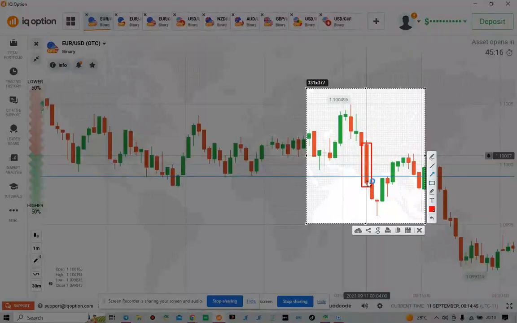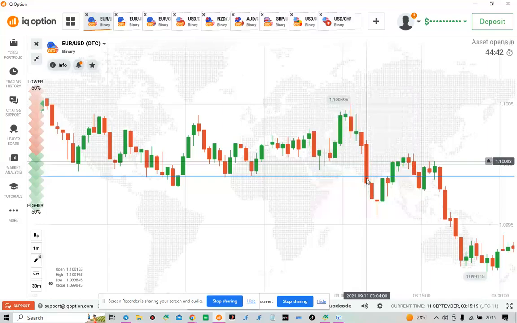Which means that any price that comes above this level should at least reverse the market. So the market has now changed from this level as a support to now become a resistance, because the price here has broken this support level.